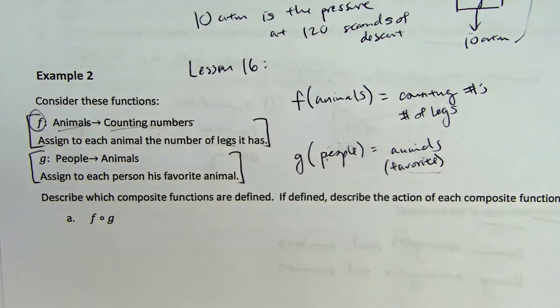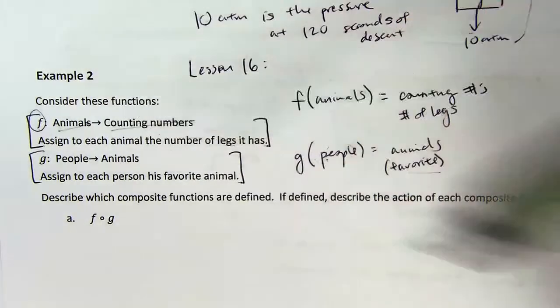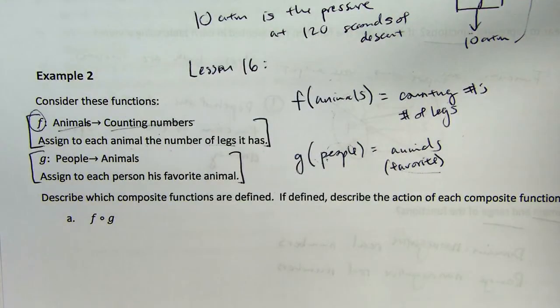Why is it really important to think about what the input and what the output is? Because when we start composing functions, there are certain ways that you cannot compose, and there are certain ways that you can compose. So how can we tell what we can compose and what we cannot? That's by looking at the domain and what they represent.